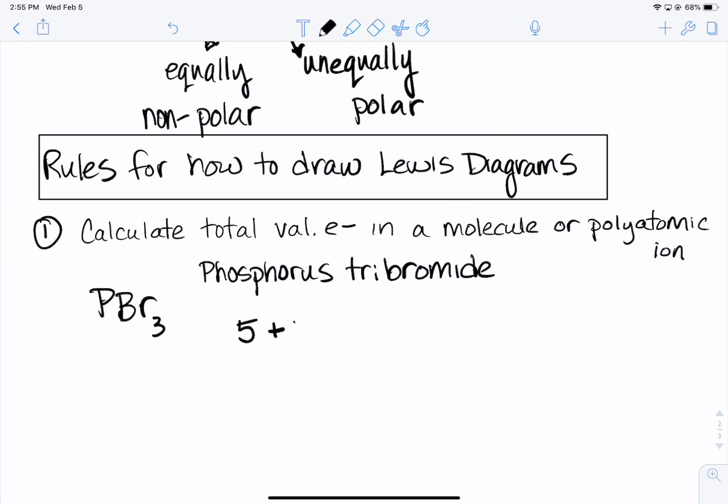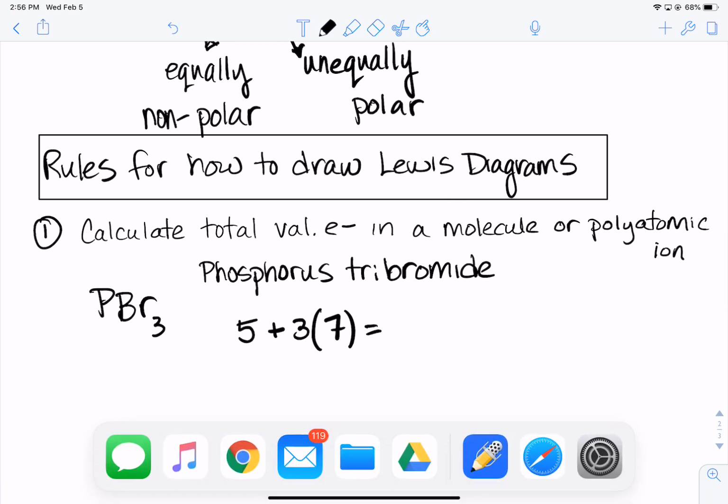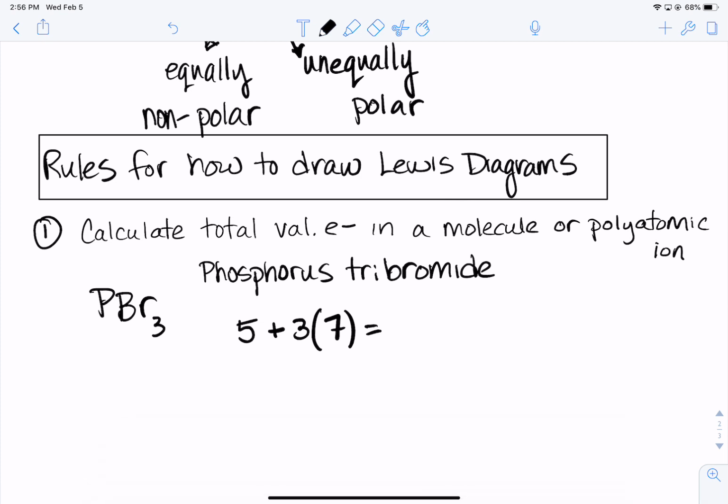We have 3 bromines. How many valence electrons does bromine have? 7, because it wants 1 more. Good, it has 7. Don't forget PEMDAS. Multiply before you add. So 3 times 7 is 21 plus 5 for a grand total of 26 valence electrons for the molecule.